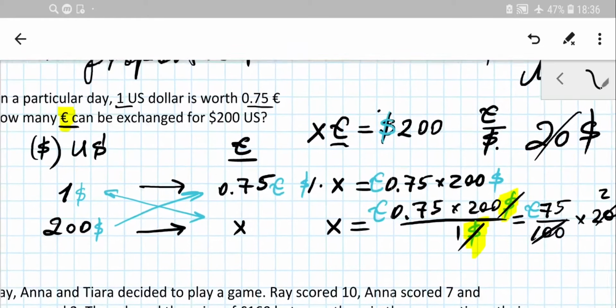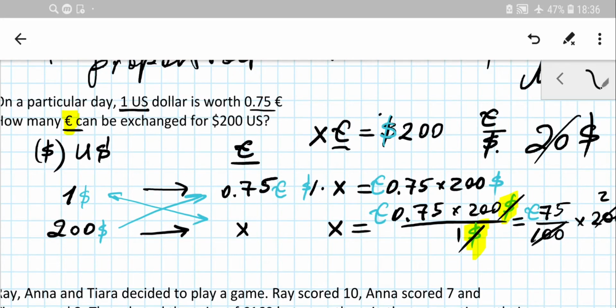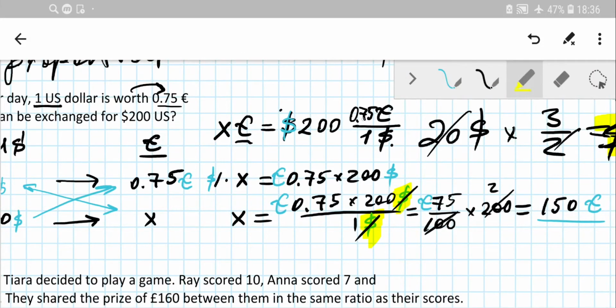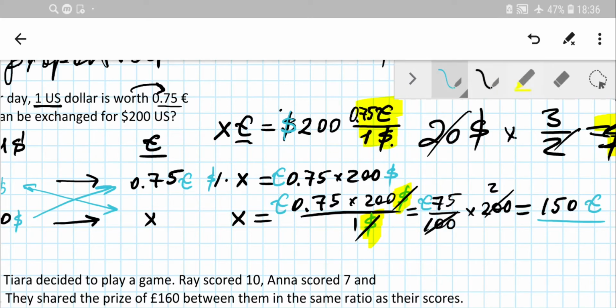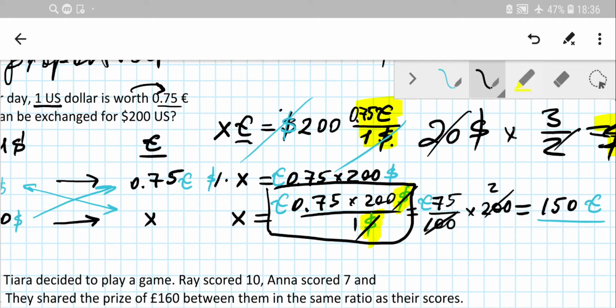Okay, so now let's look at your data. 1 US means $1 in the bottom for every 0.75 euros. So you put 0.75 on top. And that's your multiplier. So that's the yellow one, it's a multiplier. And indeed, if you cancel your dollars with dollars here, you're left with the same fraction, 0.75 times 200.